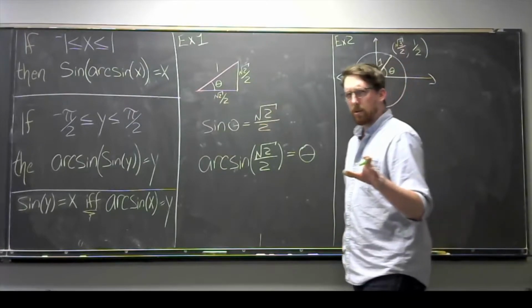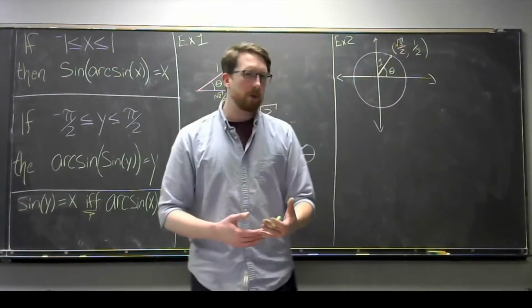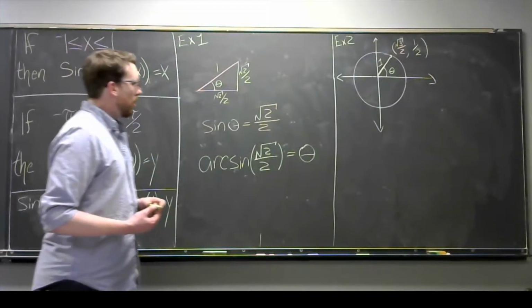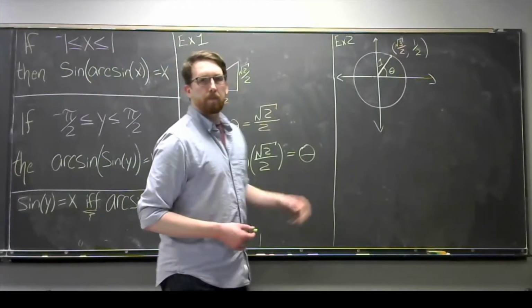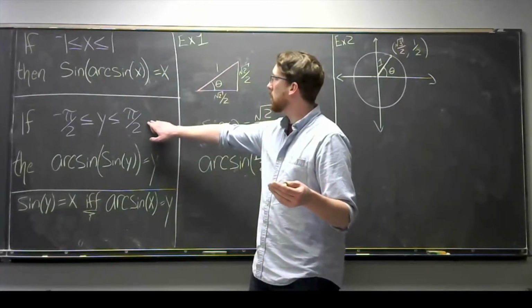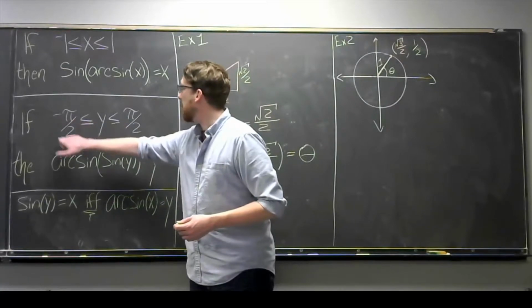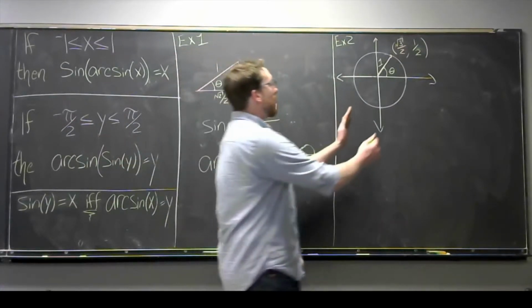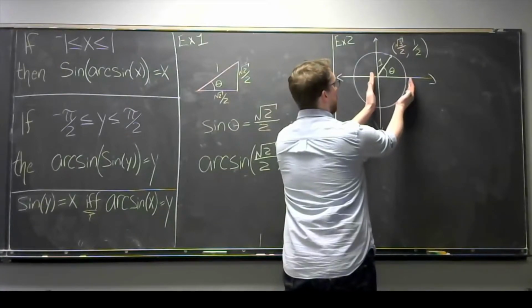Notice also something I've kind of just brushed over thus far. These angles, because of our restriction, that they have to be from negative pi over 2 to pi over 2, can only come from the right side of our unit circle.